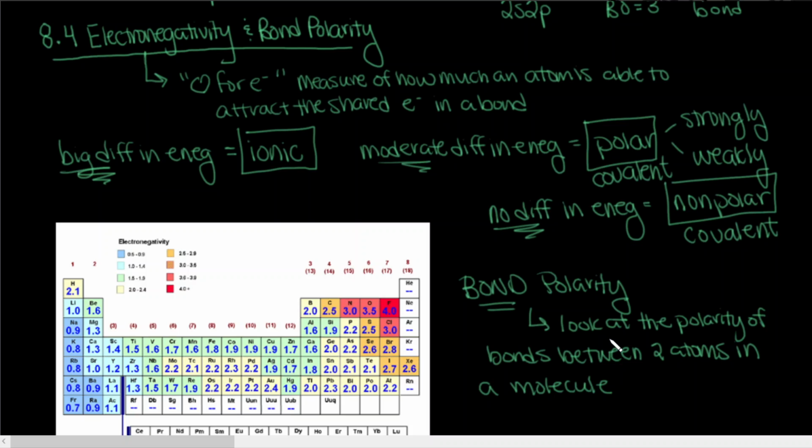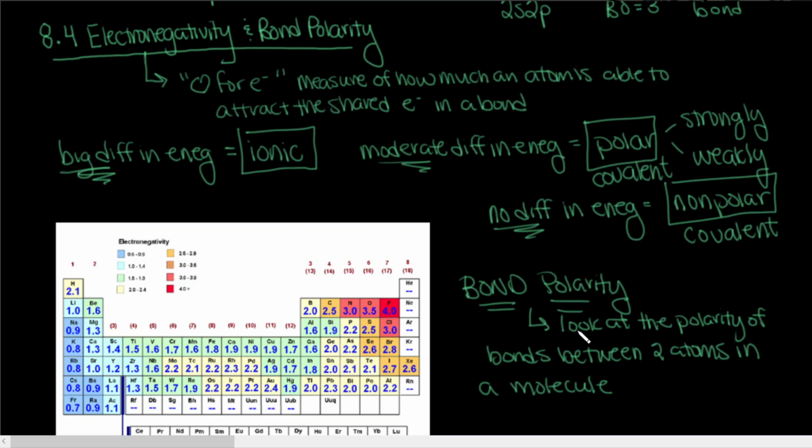Now, the reason why I highlight that and say that, right, is because it turns out that, yes, the polarity of the bonds in the molecule matter, but depending on the shape of that molecule and the arrangement of those bonds in the molecule, the bonds might be polar, but the molecule as a whole might be nonpolar.